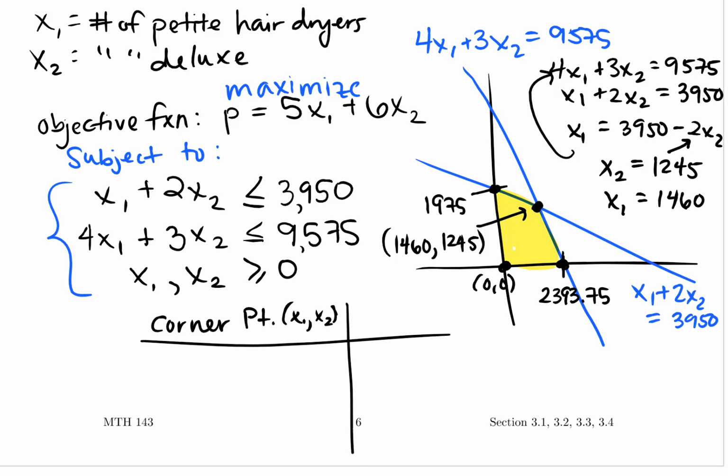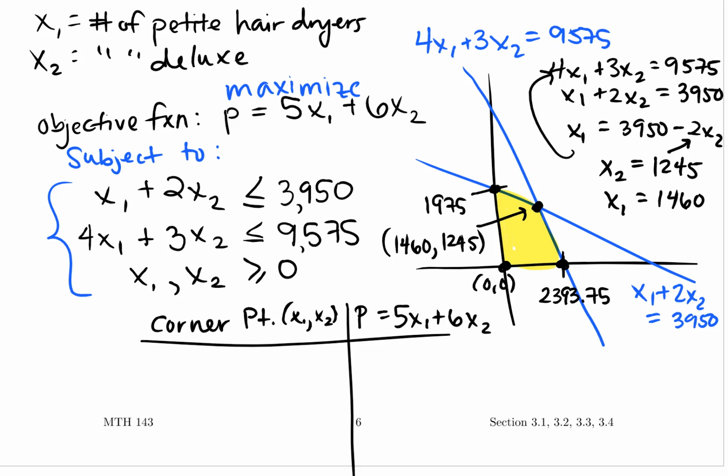And we're going to test it in the objective function, the profit function, 5x1 plus 6x2. So we didn't graph the objective function, right? We're only graphing the constraints, and then the corners of the constraints will be evaluated in the objective function.